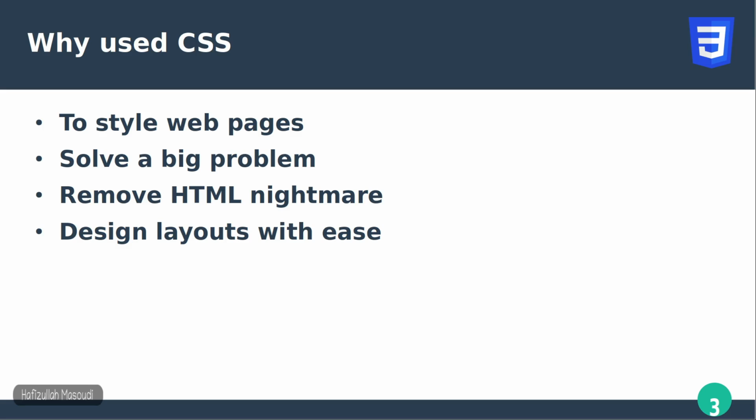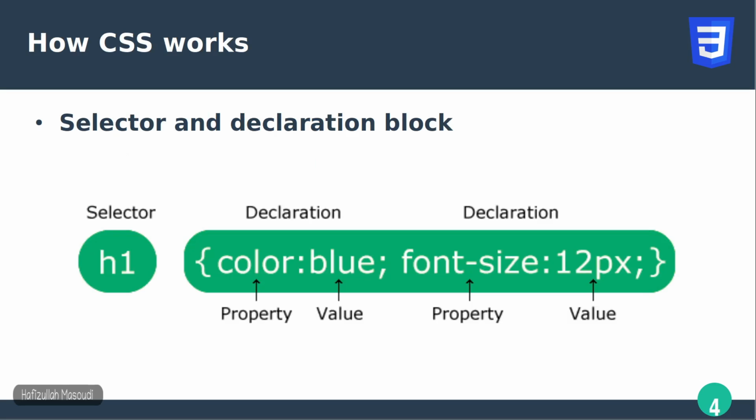So next up, how CSS works. Well, a CSS rule consists of a selector and a declaration block. As you can see in the image in the slide, the selector is the h1 element, which points to the HTML element you want to style.